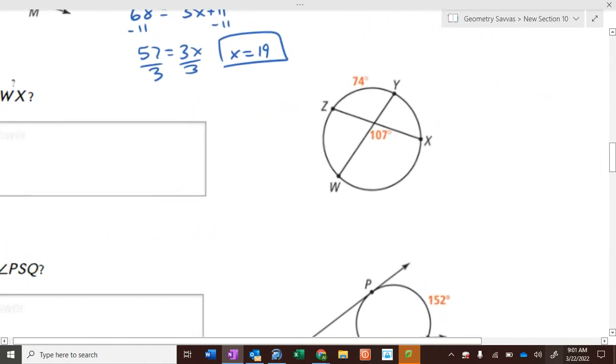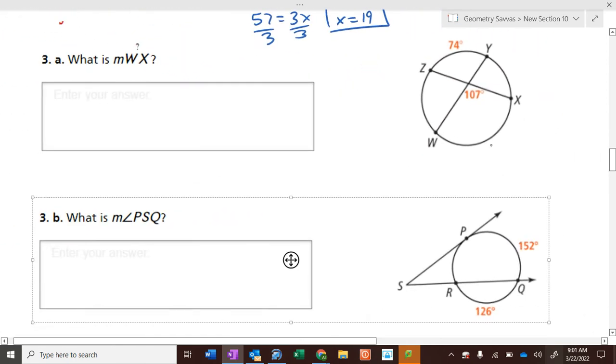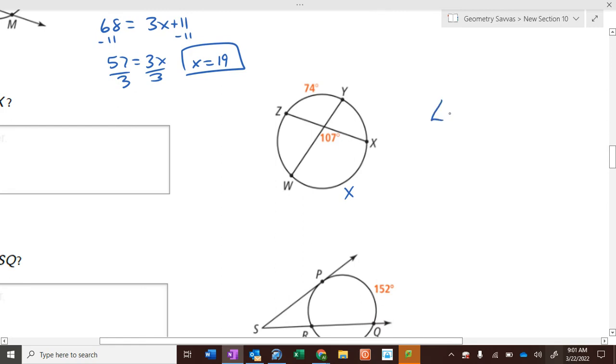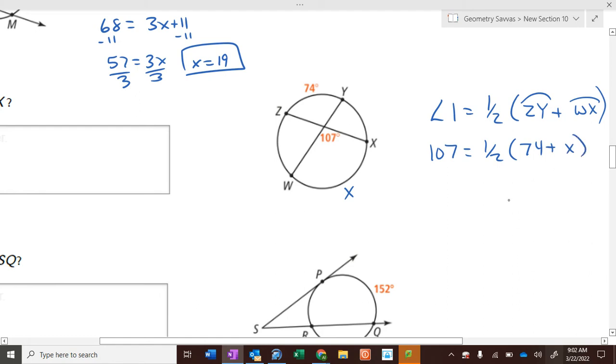All right. They want to know what this arc out here is, WX. Well, the angle on the inside equals 1/2 of one arc, ZY, plus the other arc, WX. So angle 1 is what? 107 equals 1/2 of 74 plus X. So now we got to solve this.